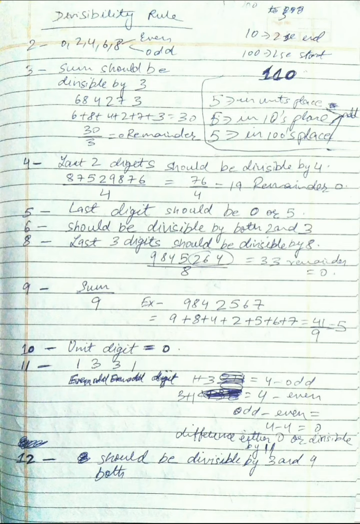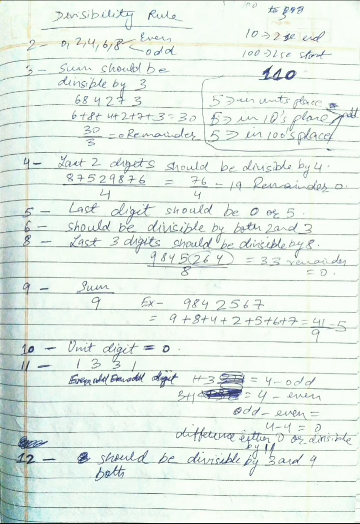Now let's look at the divisibility rule by 11. In the case of 11, if the number is 1331 or any other number, we will look at the even and the odd place digits. Here the odd place digits are 1 and 3, and the even place digits are 3 and 1.